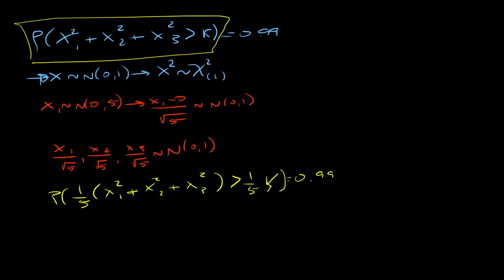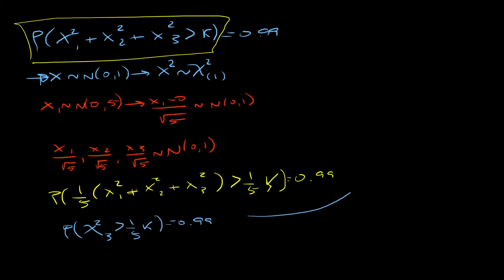99%. So if we have this expression, this means that we can now use the property. We can now say that the probability of the chi-squared distribution with 3 degrees of freedom being greater than 1/5 of k is equal to 0.99.